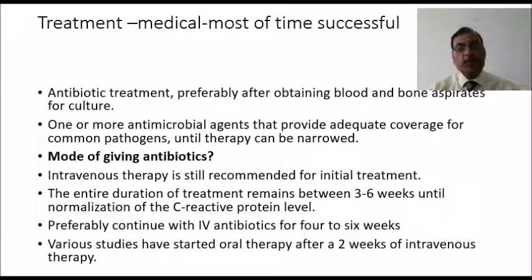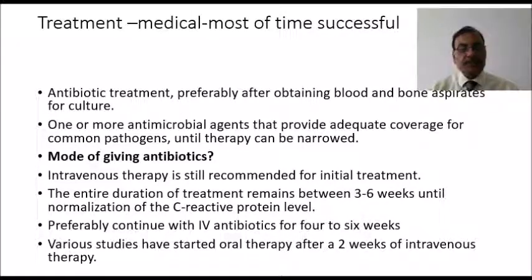And what is the mode of giving antibiotics? It is the intravenous route. It cannot be intramuscular or oral. It must be given for 3 to 6 weeks until C-reactive protein becomes normal.